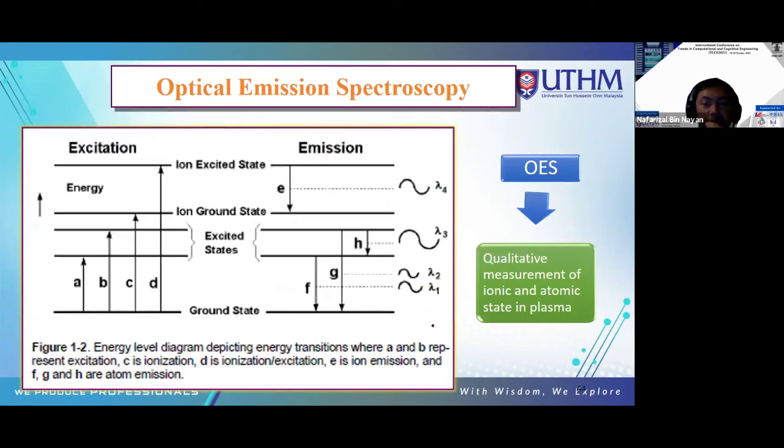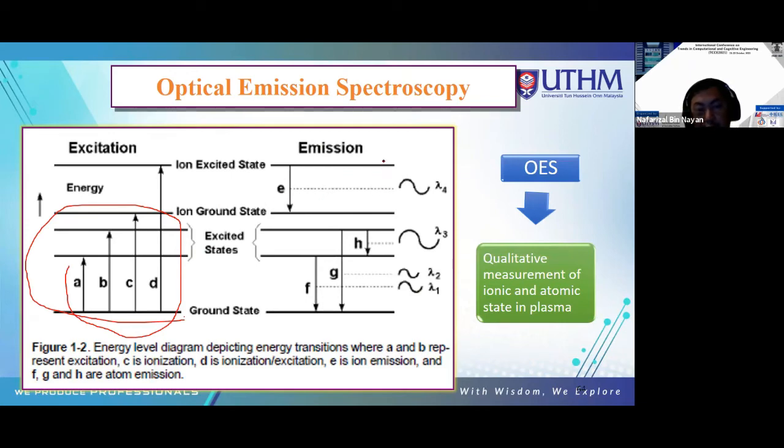This is the same figure to explain the optical emission that we can get, the h nu. You can see the energy gap for the electron is in this region, the ground state, and then we have the excited state, the ion ground state, and if you get more energy, it will go to the ion excited state.